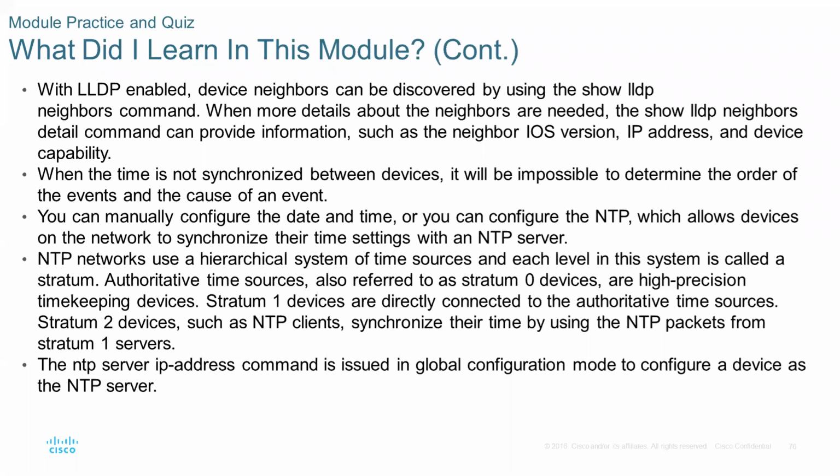We use the command NTP server and type in the address of the device we're syncing against. And what we tend to do is have our router syncing to an external server, hopefully at a 2 or 3 stratum level.